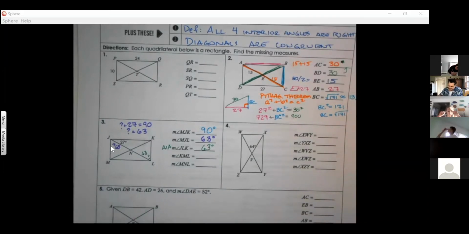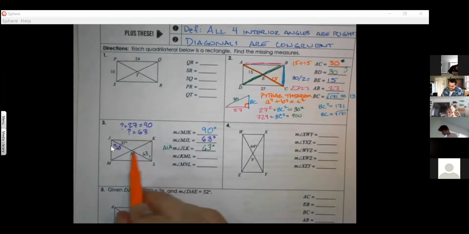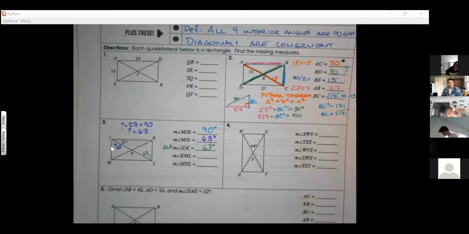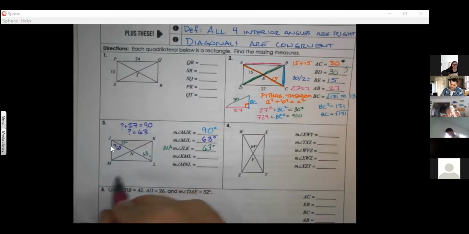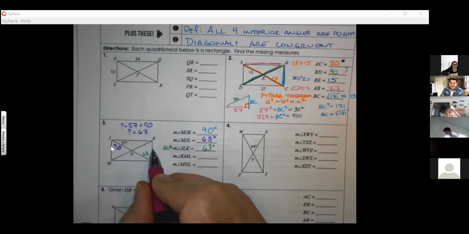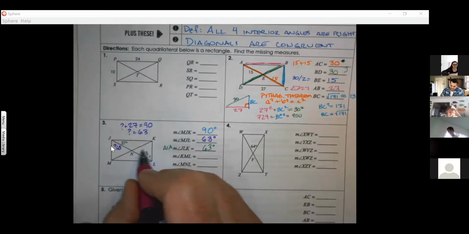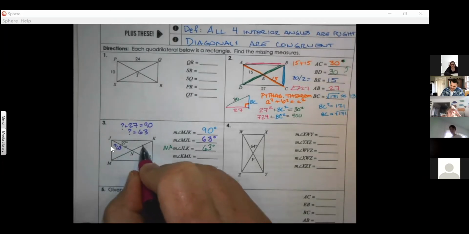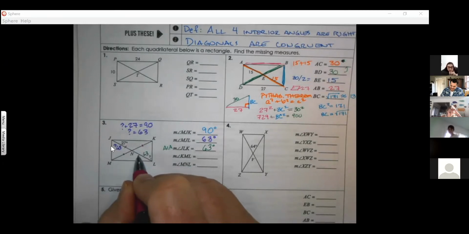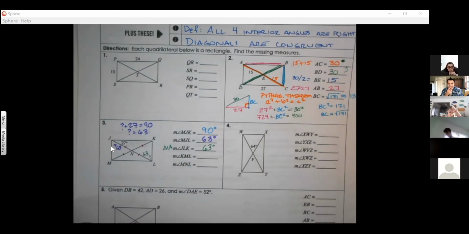Okay, what about KML? That one takes a little creativity. So we know that these diagonals are both congruent and bisected, aren't they? So this length is the same as this length, is the same as this length, is the same as this length.